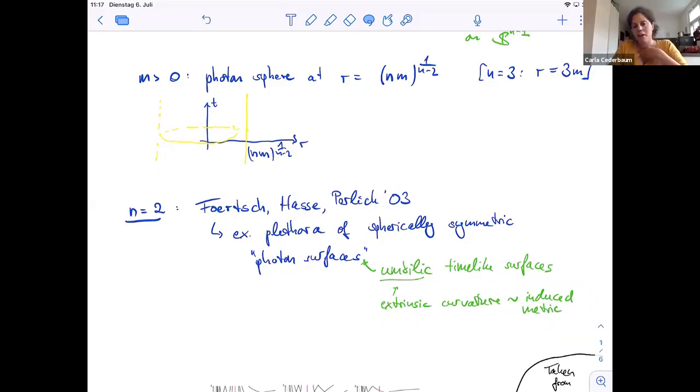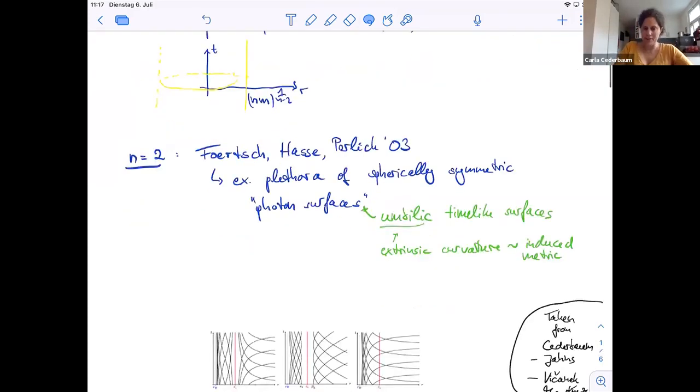And if this is not so intuitive to you, a logically equivalent formulation is saying it's a time-like surface along which any null geodesic that's ever tangent to it stays tangent to it as long as it exists. This is true for the photon sphere, but for n equals 2 in this Schwarzschild-Tangherlini generalization to 2 spatial dimensions, they found a whole zoo of such spherically symmetric photon surfaces.